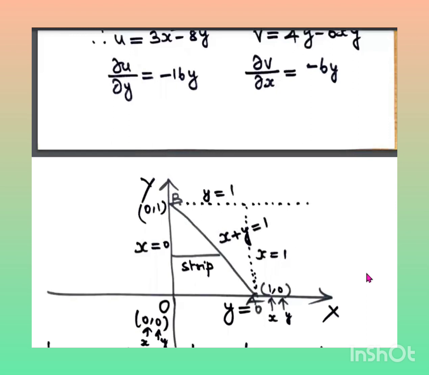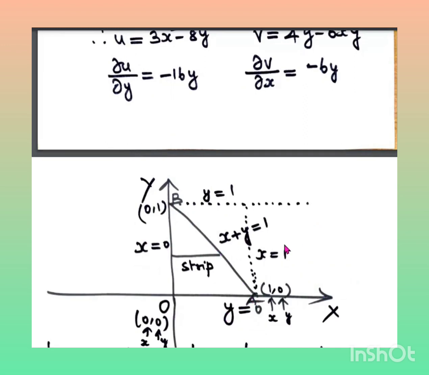When y is equal to 0, x equal to 1. So I have drawn the x axis, y equal to 0, and the y axis first. On the x axis y equal to 0, on the y axis x is equal to 0, and the line x plus y equal to 1 touches the x axis as well as the y axis.